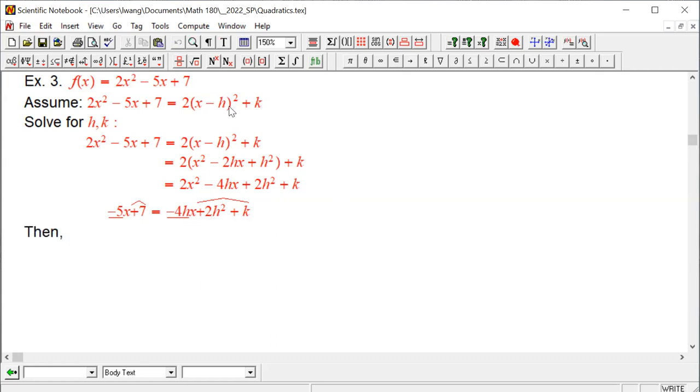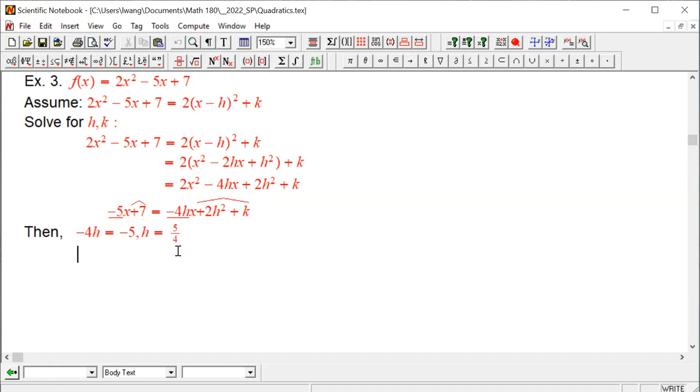Okay, so -4h equals -5. As a result, h equals 5/4. Divide both sides by -4. So h is found.